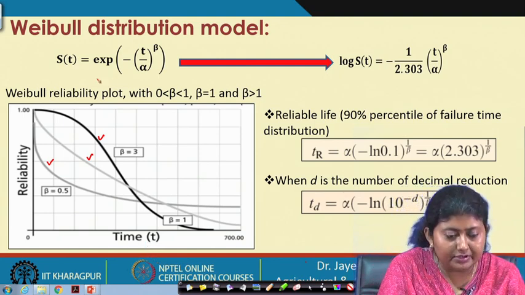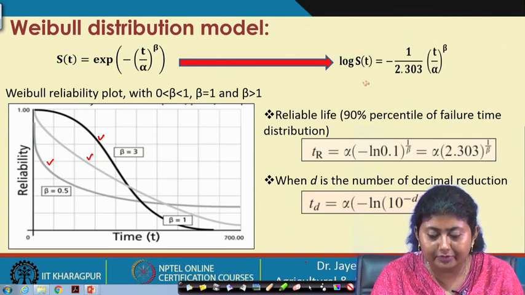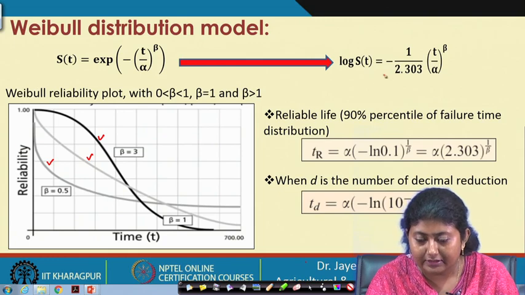This equation St equals exponential of minus t by alpha to the power beta can be simplified as log St equals minus 1 by 2.303 into t by alpha to the power beta.